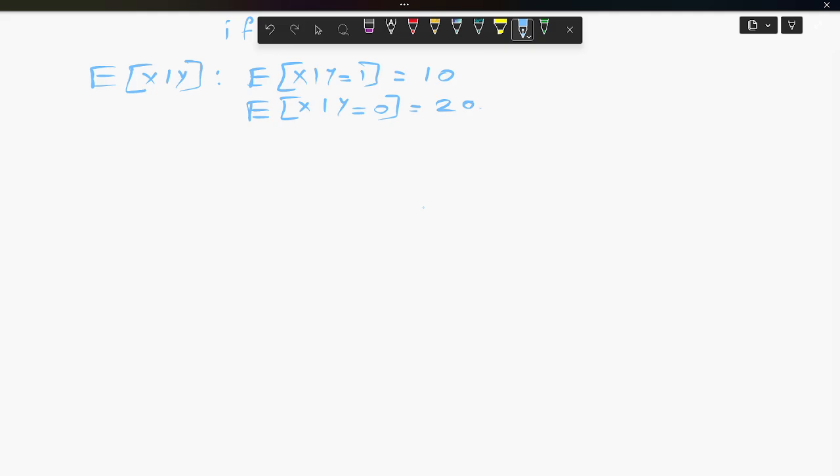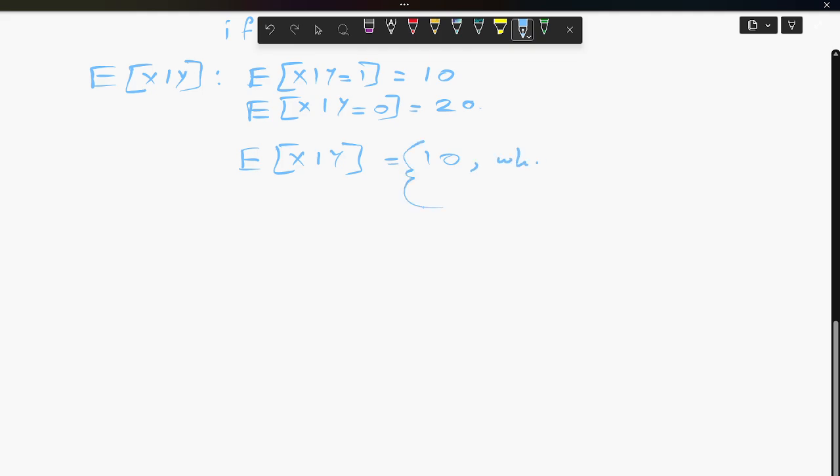So E[X|Y] is 10 when Y equals 1 and 20 when Y equals 0.